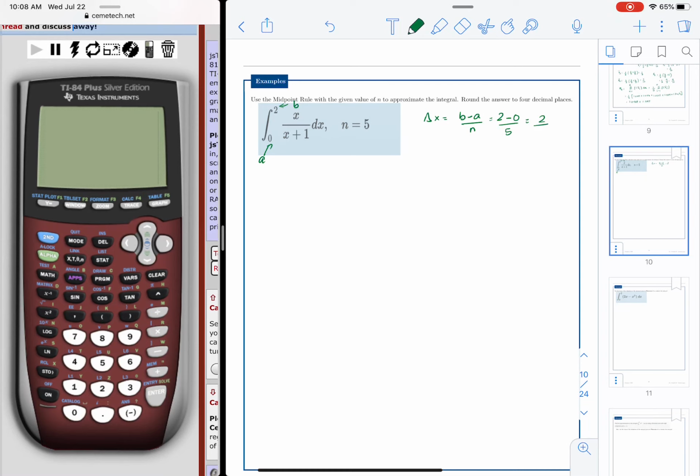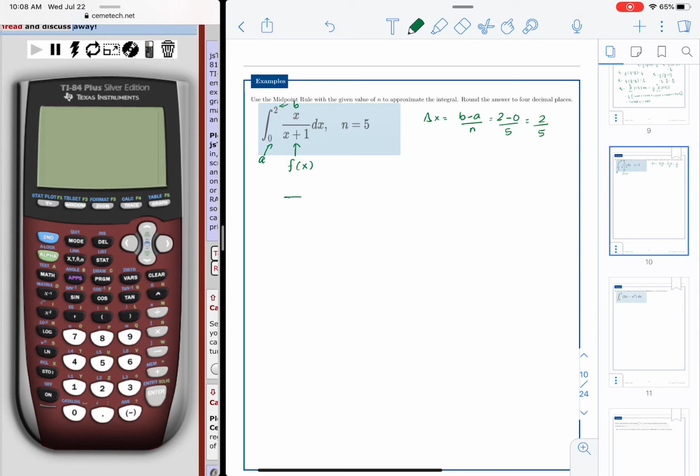So we have 2 over 5. The function here is x over x plus 1, and we are trying to approximate the integral using the midpoint rule. So first we've got to find the midpoints.